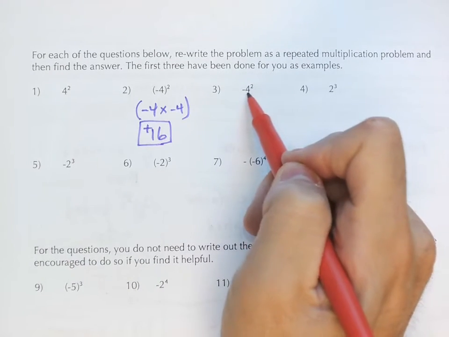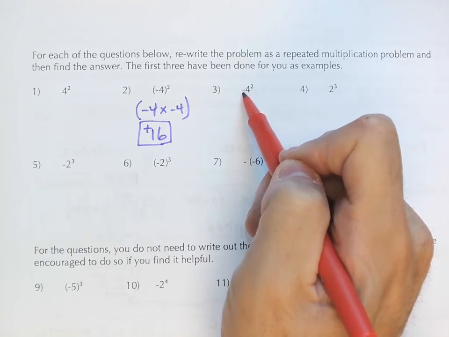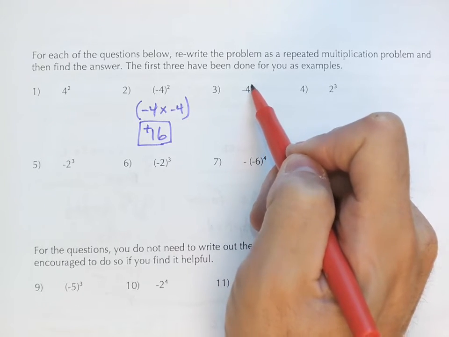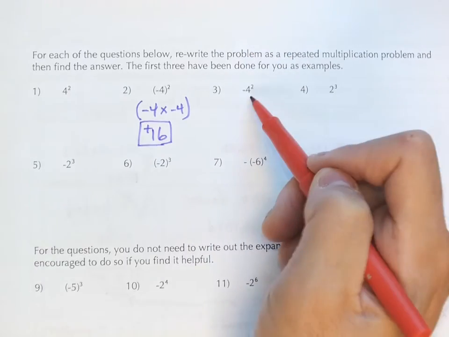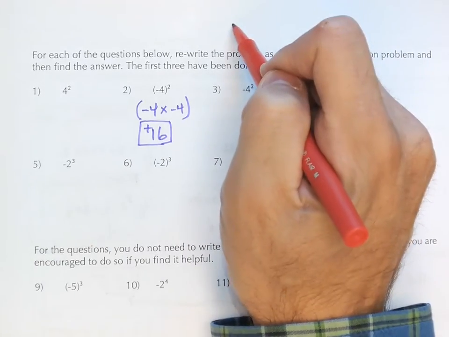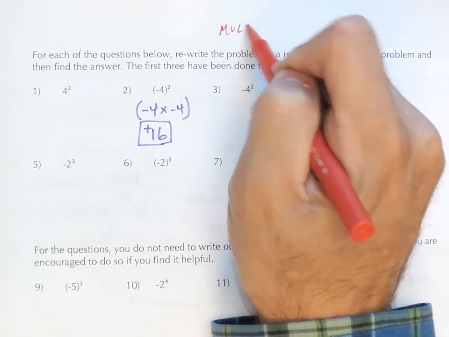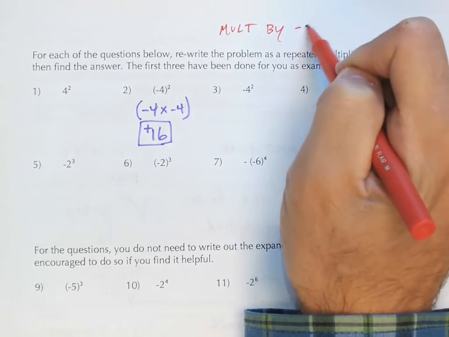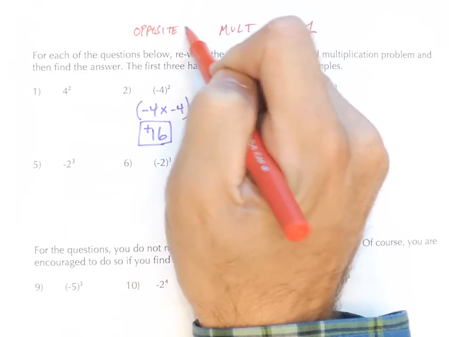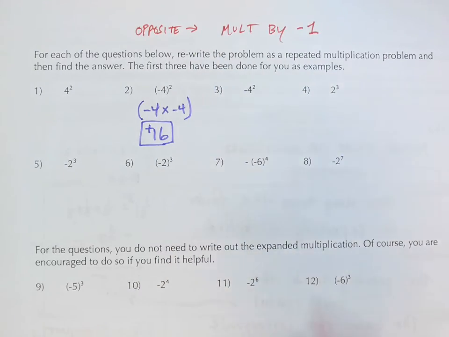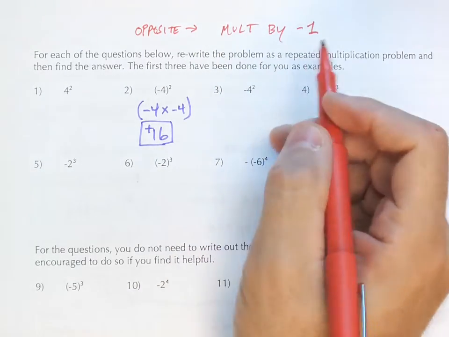In this question, when there's no parentheses, this negative is saying take the opposite of this thing. And the 2 we know is the exponent. Taking the opposite of something is like multiplying by negative 1. And we know in our order of operations that exponents come before multiplication.